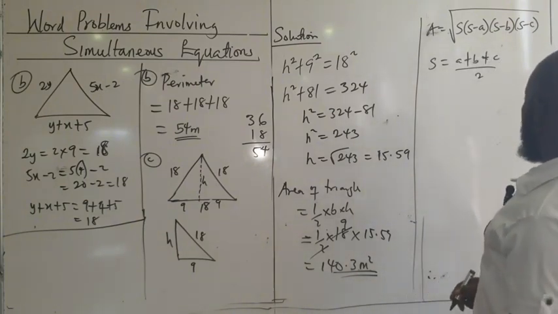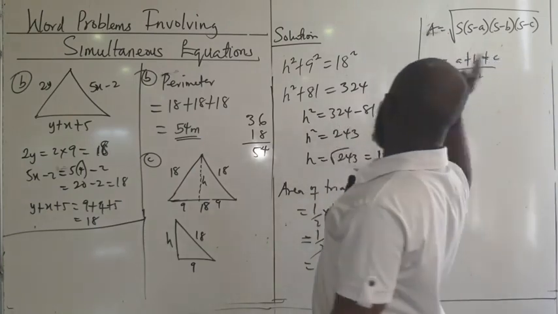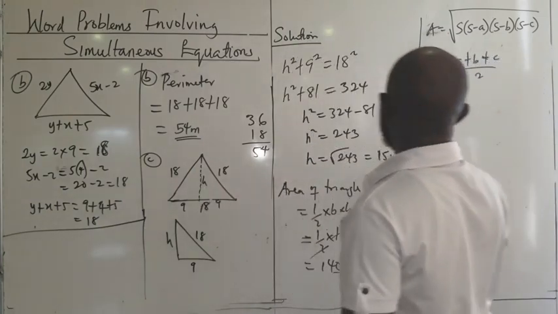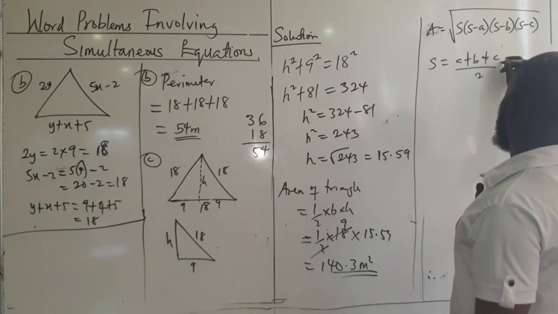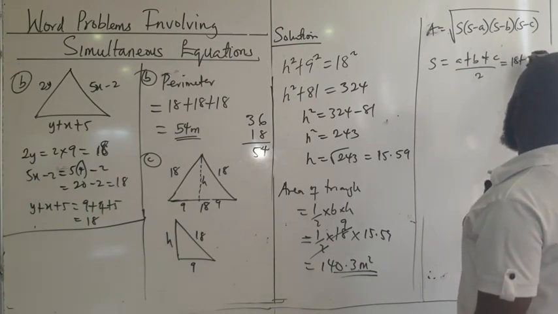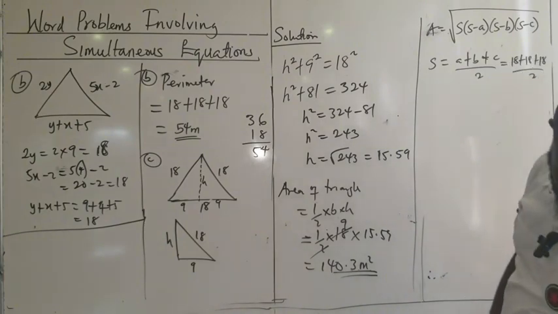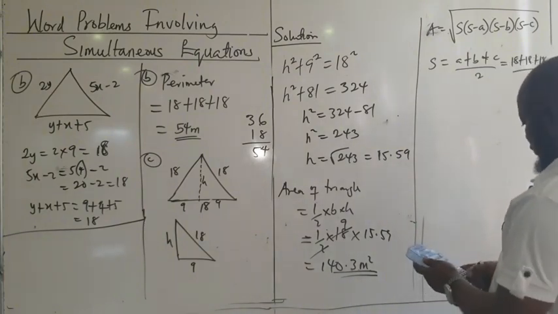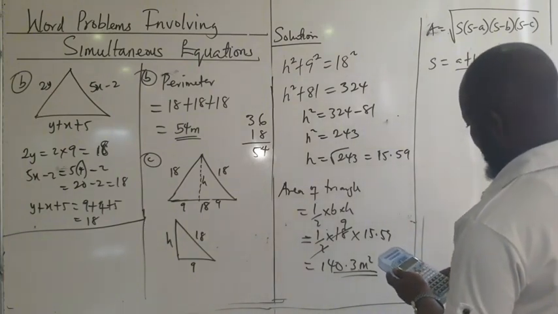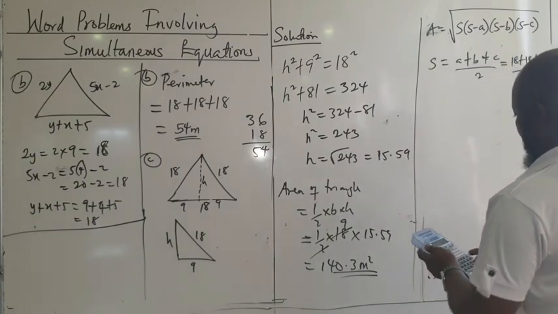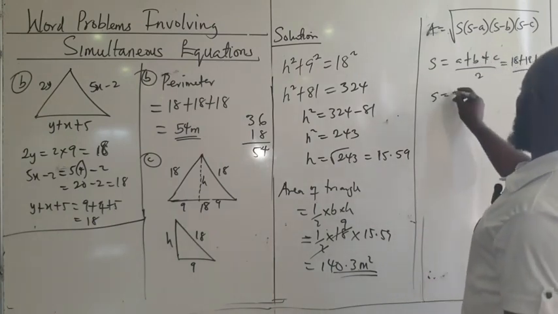A, B, C are the three sides, and they are the same here. That's going to give us 18 plus 18 plus 18 divided by 2. So 18 times 3 divided by 2 gives us S is equal to 27.